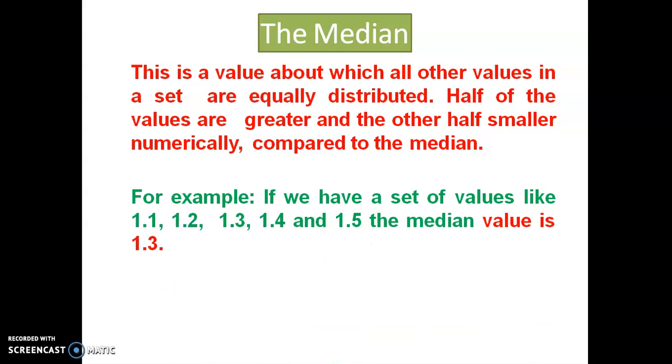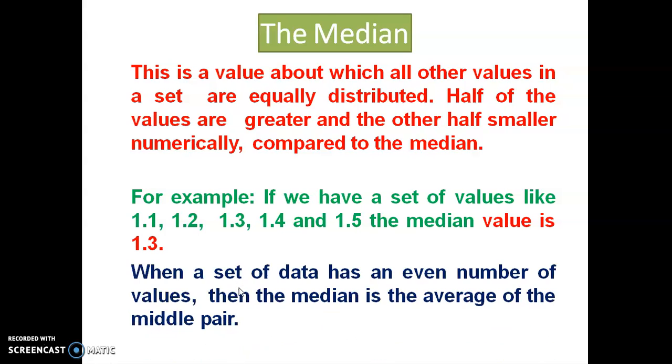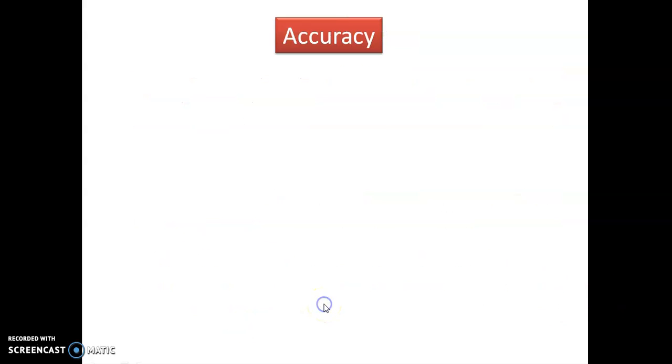For example, if we have a set of values like 1.1, 1.1, 1.2, 1.3, 1.4 and 1.5, the median value is 1.3. When a set of data has an even number of values, then the median is the average of the middle pair. This rule is for even numbers.